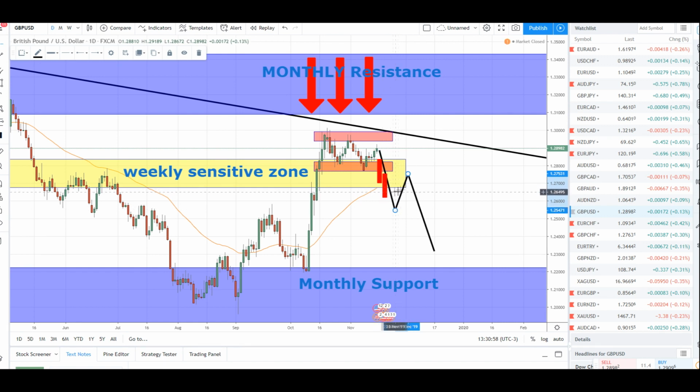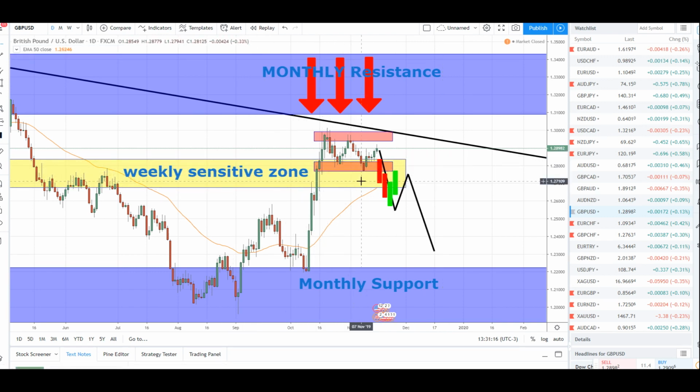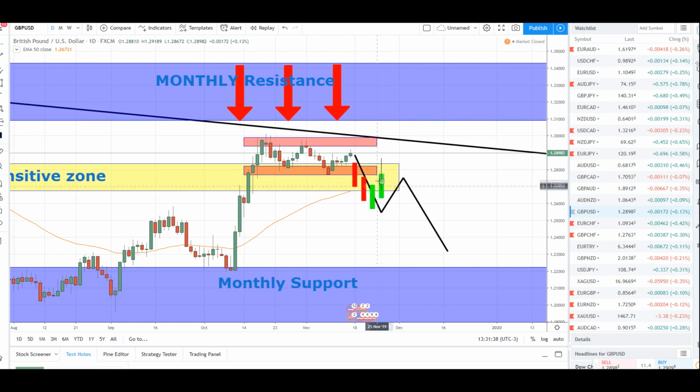Then after a push, there's always exhaustion. So we would be expecting some green candles to come in the market eventually. So we would see some green candles push towards the upside, rejecting our weekly sensitivity zones. So with a lot of wicks, just imagine this candle has a wick. With a lot of wicks, you know, a couple of candles like these.